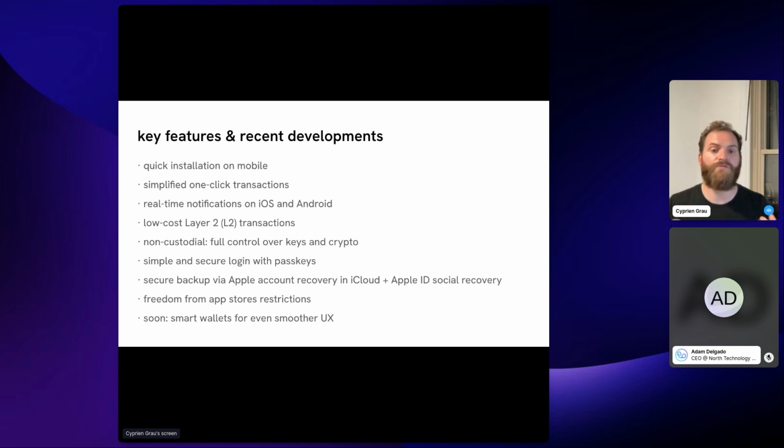But because we have that account abstraction going on, you're not forced to sign a transaction and pay gas every time. Someone can do that for you. So the app creator basically can do that for you. And so for you as an end user, it's a very clean and quick, really seamless experience. You can have real-time notifications on iOS and Android.